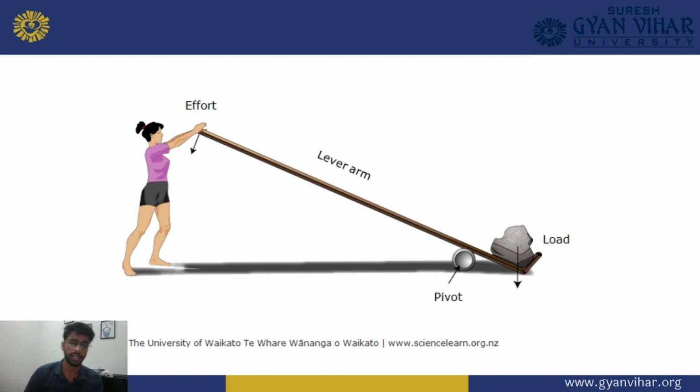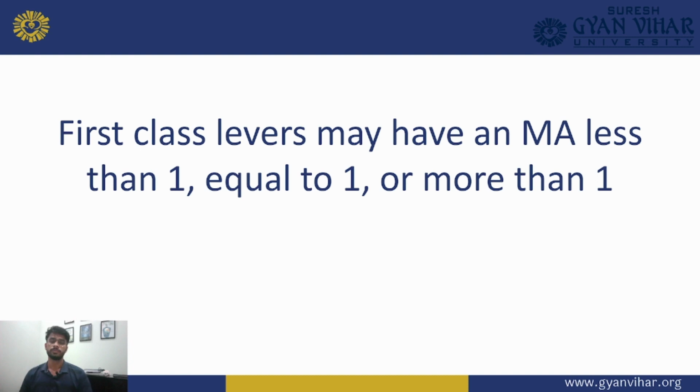Okay, I assume that I have cleared all the concepts of first order lever. Now, before moving on, there is an important thing that you must be aware of: a first class lever may have a mechanical advantage less than 1, because the fulcrum is in between. It can shift to the left side or the right side.